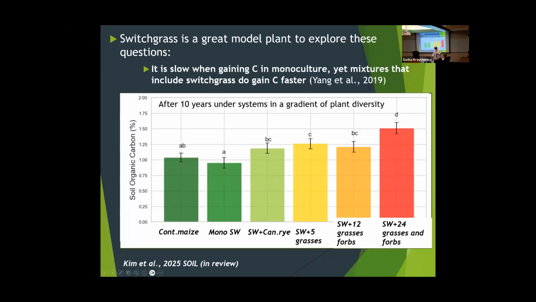And you can see that after 10 years, this giant switchgrass with giant roots, the soil organic carbon concentration is the same as this continuous maize.